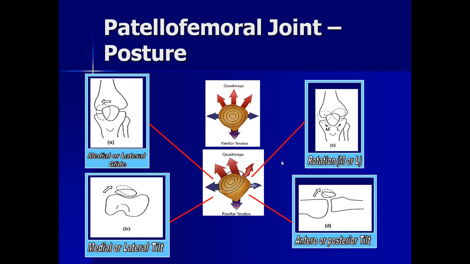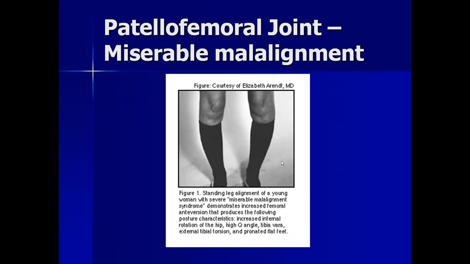This change in the position of the patella may affect the mechanics of the patellofemoral joint. This is an example of a syndrome called miserable malalignment, where you can see squinting patellae associated with internal rotation of the hip, internal rotation of the tibia, and pronated feet.